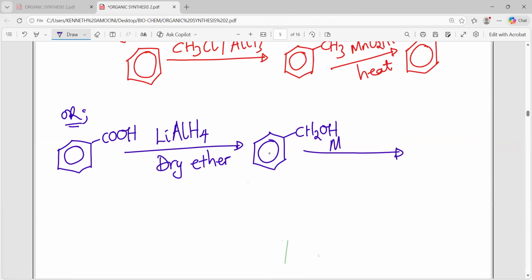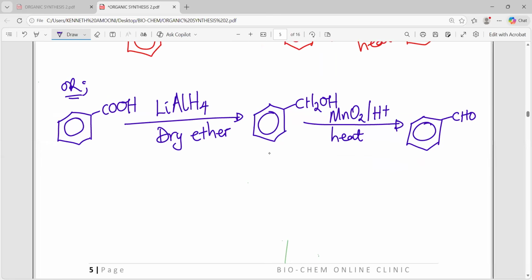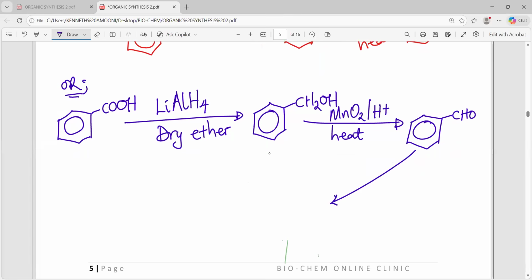So we use our weak oxidizing agent in the presence of an acid, and then we heat. So we form our carbonyl compound, which is benzaldehyde. Then from benzaldehyde, I can use sodium hydrogen sulfite.